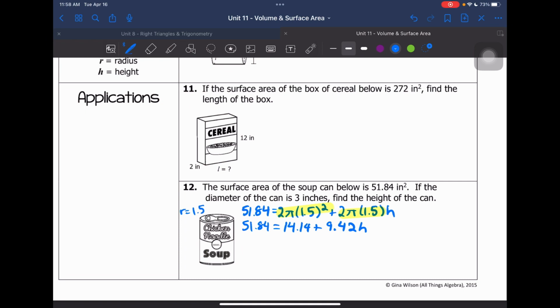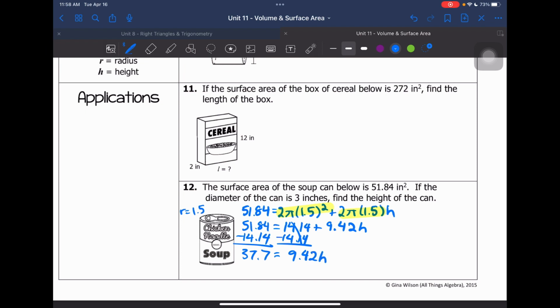And I can't really combine those because one has an h and one doesn't. So what I have to do is move this over to the left. So since it's positive, I'm going to do negative 14.14. Then do the subtraction. So 51.84 minus 14.14 would give me 37.7. And that's equal to 9.42 h.